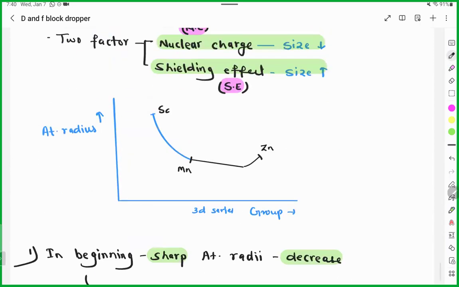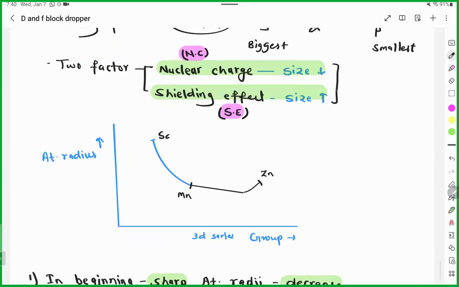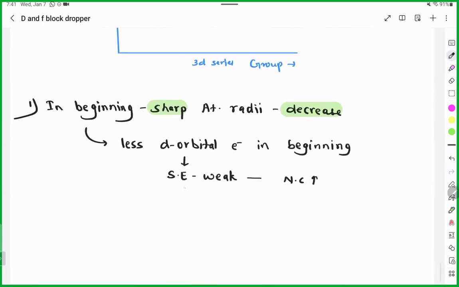Both will give you the effective nuclear charge, ENC. Even if nuclear charge is normal and shielding effect is weak, effective nuclear charge will be more, and it is responsible for the decrease in size.